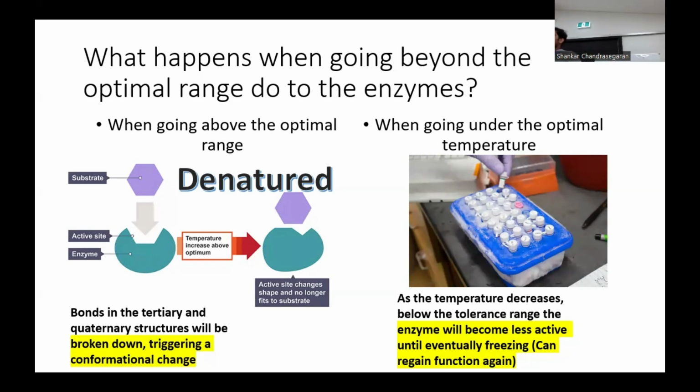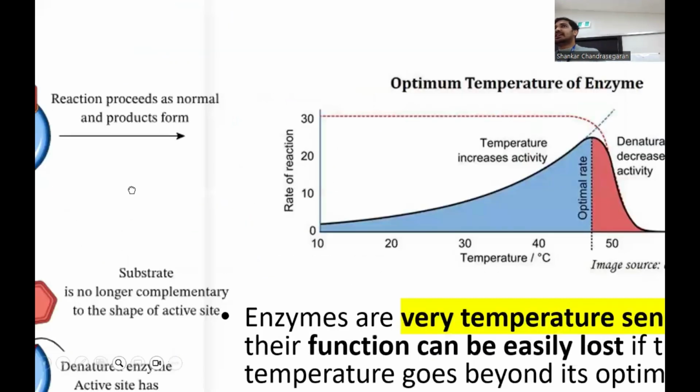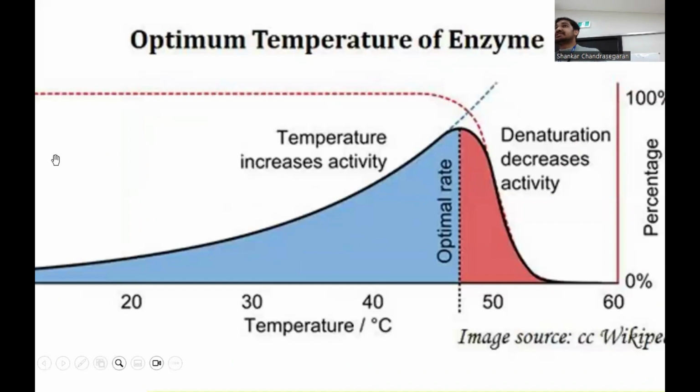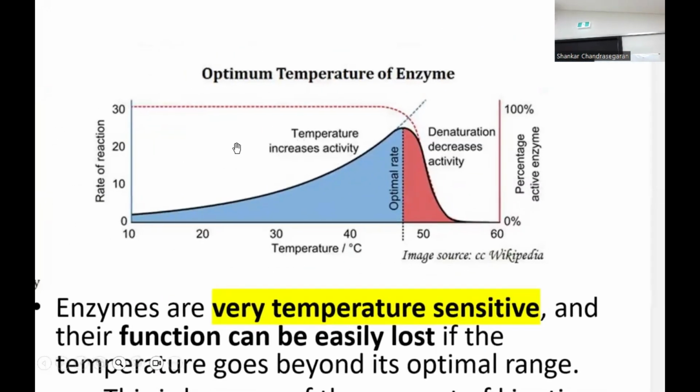Any questions about this? So if it goes above the range, denatured, completely lost. If it goes below the range, it's frozen, but it can regain its function. Okay, that's what you can see in this graph here. So for all proteins, you can construct this graph showing the optimal temperature of an enzyme, right?